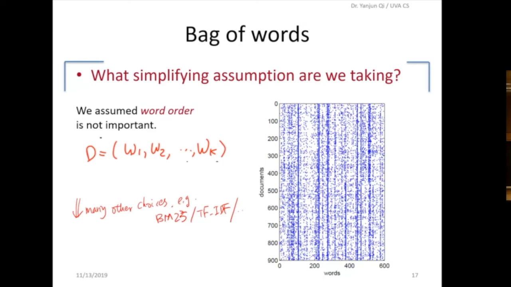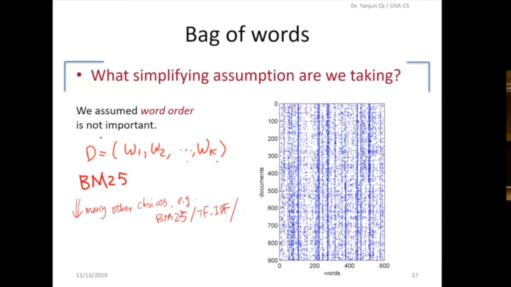There are many papers in information retrieval trying to figure out the right way of assigning a number to each word appearing in the article. A very classic one is BM25, which is related to TF-IDF.